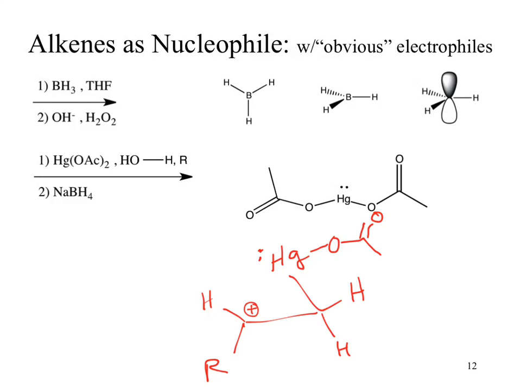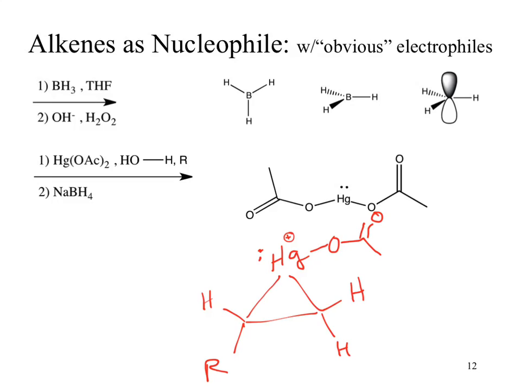It's a lot bigger. Mercury is so large and it has that extra lone pair that when it sees that positive charge, all it has to do is tweak the bond angle ever so slightly, and it shifts in, and instead of that positive charge with the mercury on it, we form the mercuronium ion.